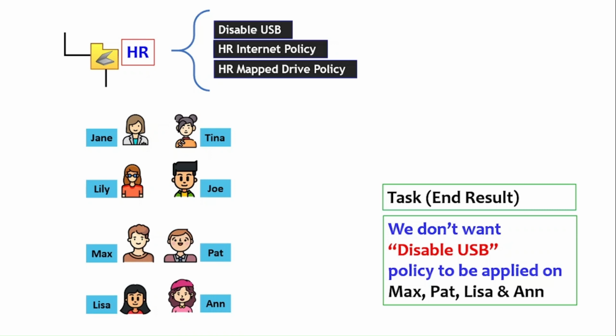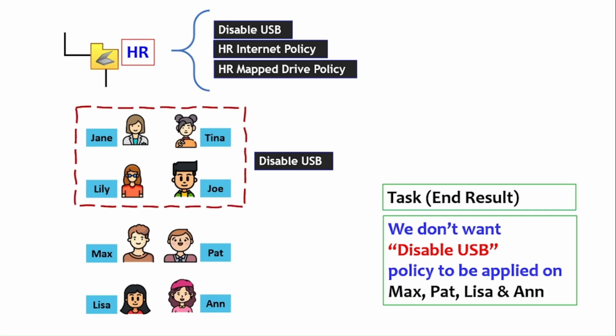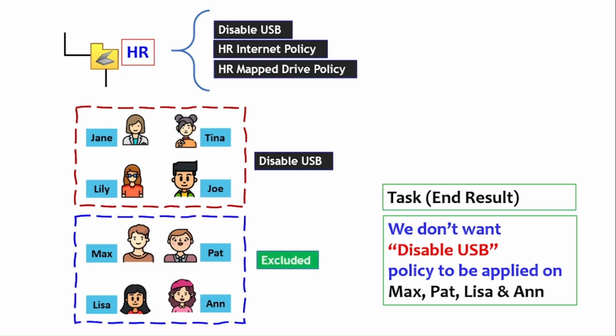They should be able to use a USB drive or thumb drive on their laptops. The end result is the disable USB policy should be only and only applicable to Jane, Tina, Lily, and Joe, and Max, Pat, Lisa, and Anne should be excluded. But remember, the HR internet policy and HR mapped drive policy should be there on all the 8 HR users. So that's the target.